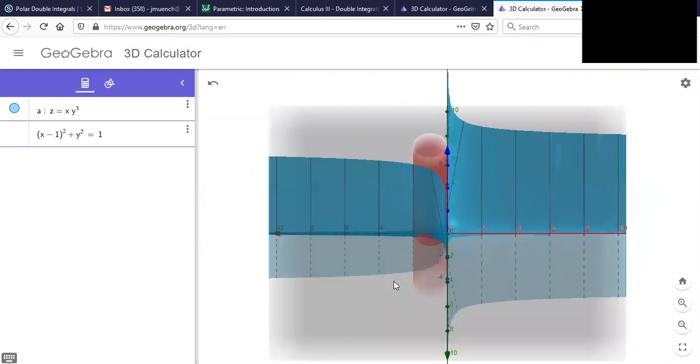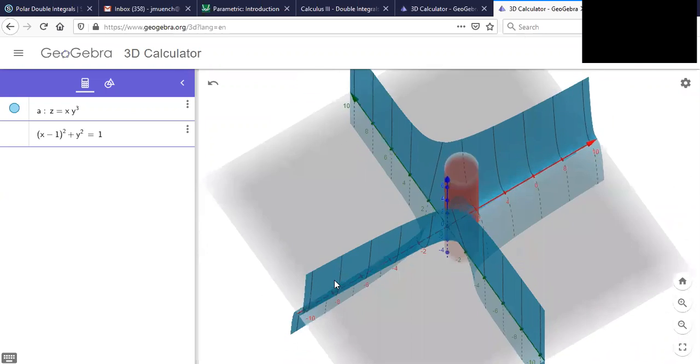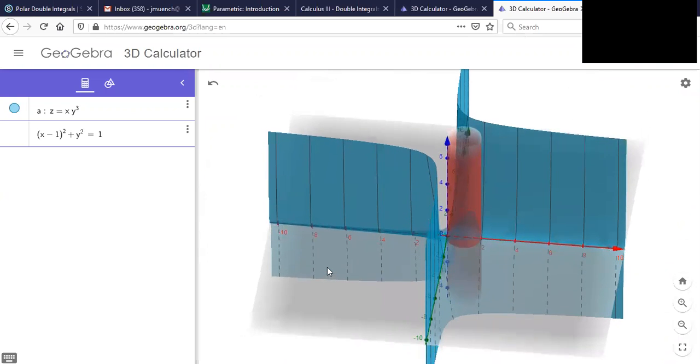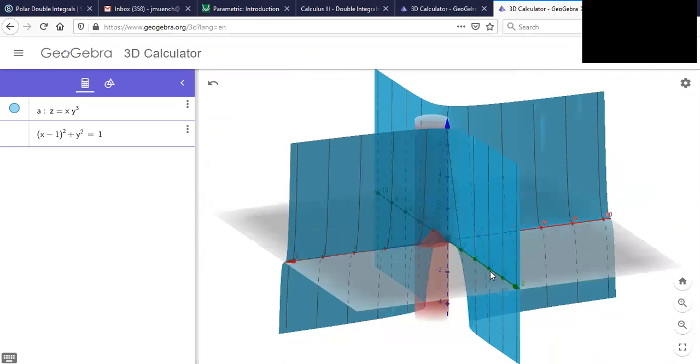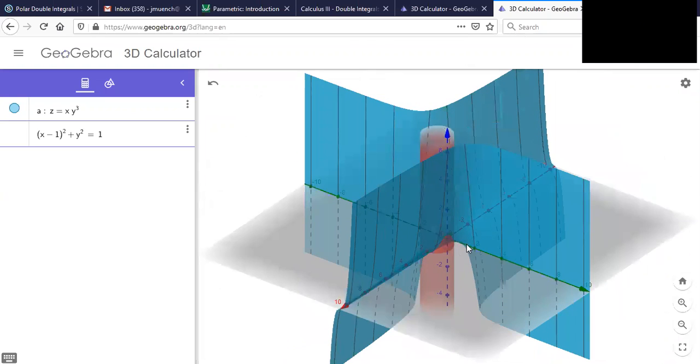So we're only going to look at it in terms of the first quadrant. This is what we're actually looking at here. In the background is the area we're looking for.